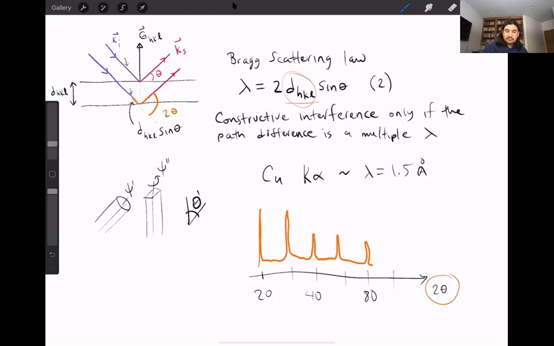But also, to continue the discussion, what is the limit for this d to be measured? The limit on the height or the width of the material that can be measured. Yeah, so if you're doing powder, you have to have tiny little crystals that are micron size, right?